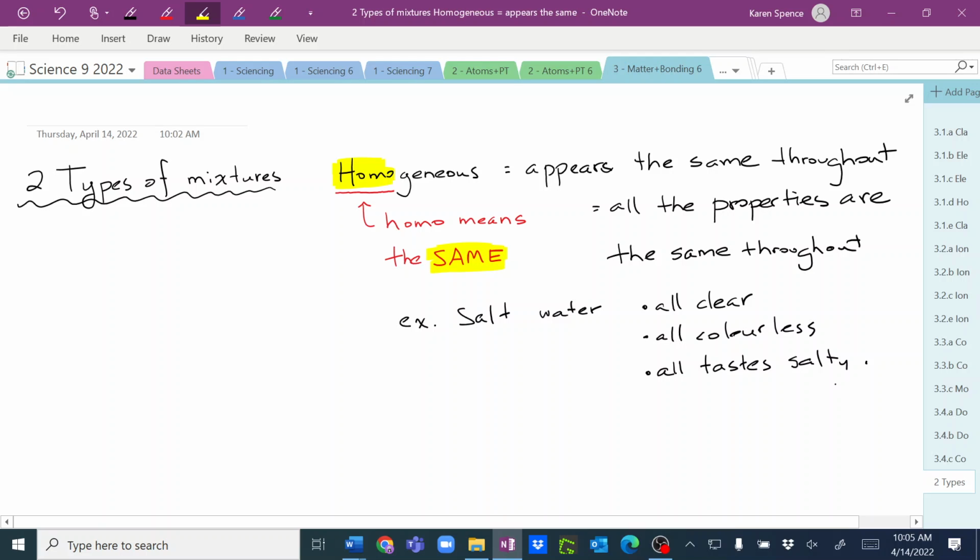And does that make sense with where we've heard that prefix before? In homosexual, those are people who are attracted to the same sex, yes? Whereas heterosexual, hetero simply means different, yes?